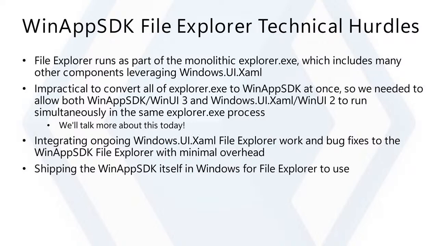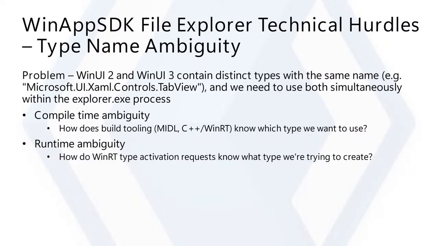So the first issue is this type name ambiguity problem. Because we're using both WinUI 2 and WinUI 3 in the same process, that causes an issue because they both contain some types with the same name. For example, we have the WinUI 2 TabView and WinUI 3 TabView. And this duplicate type name issue causes issues at compile time.